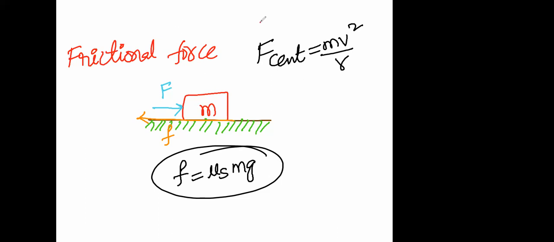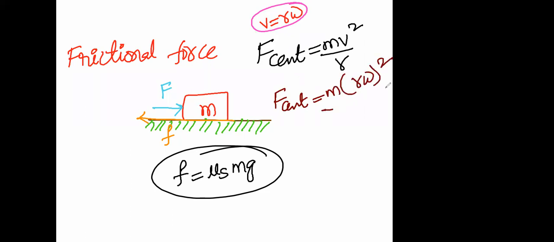We know the relation between linear velocity and angular velocity is v is equal to r omega. In this v, if you write r omega, centripetal force is equal to m into r omega whole square divided by r.